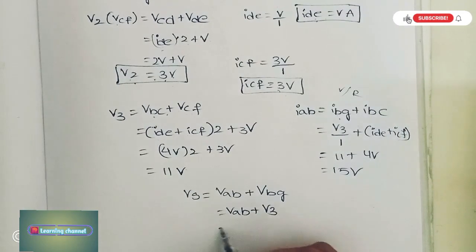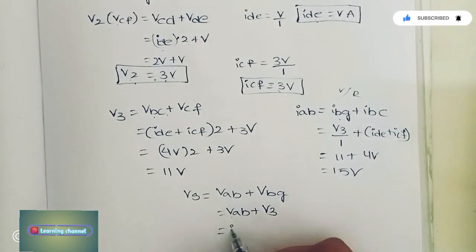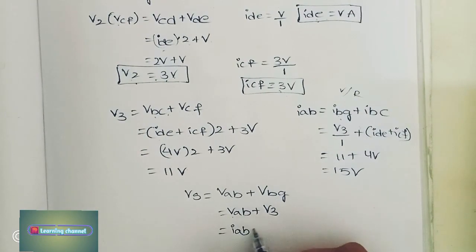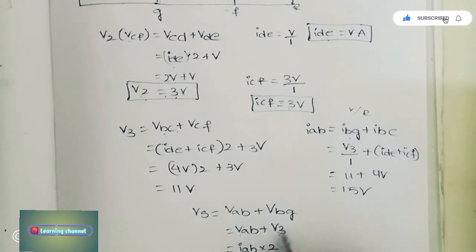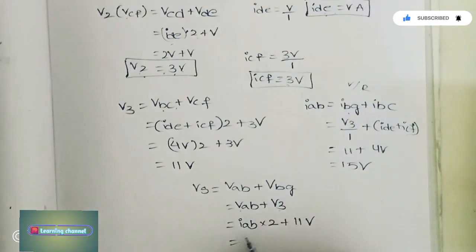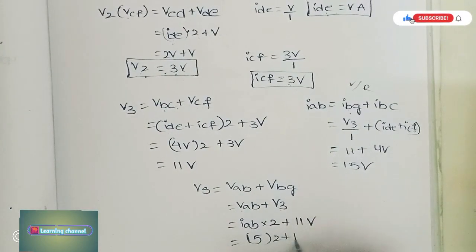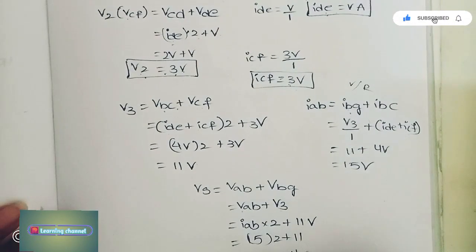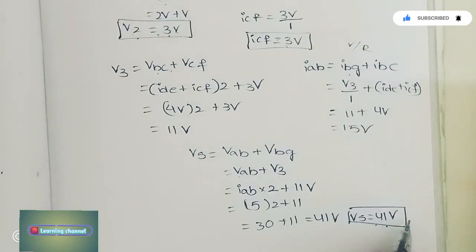We don't know the value of VAB, but in the same way we can find it by using Ohm's law: IAB into 2 ohms plus V3. What is the value of V3? 11 volts. And IAB is 15 volts, so 15 into 2 plus 11, that is 30 plus 11, that is equal to 41 volts. So finally, the value of Vs is 41 volts.